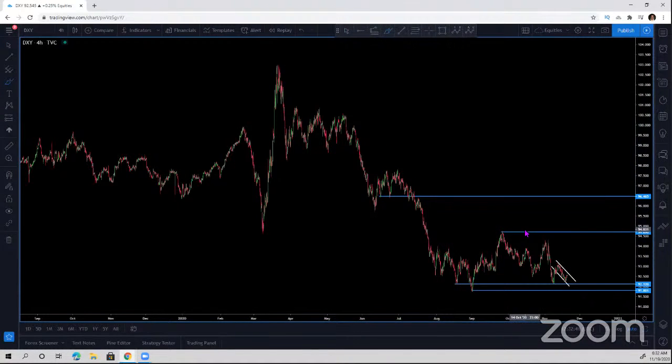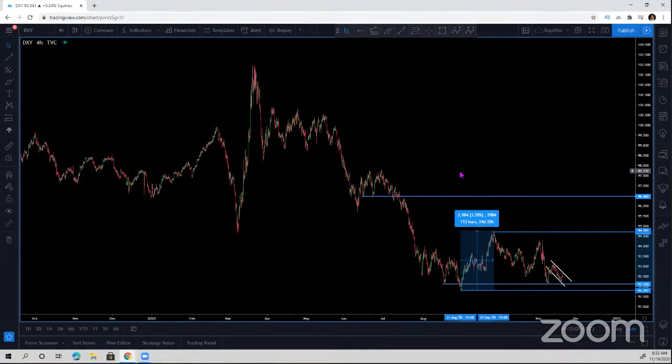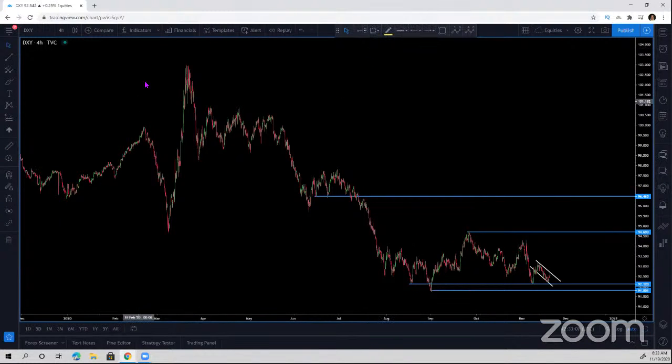And the last bounce from the lows was at the beginning of September, September the 1st, when we went from the 91.80 level to the 94.80 level. So that was kind of a big deal because it was a 3.25% appreciation on the US dollar, right? In a very, very bearish market, you know.